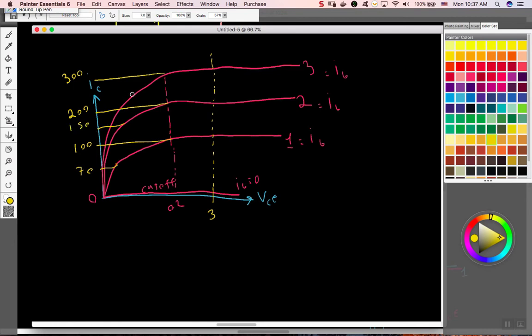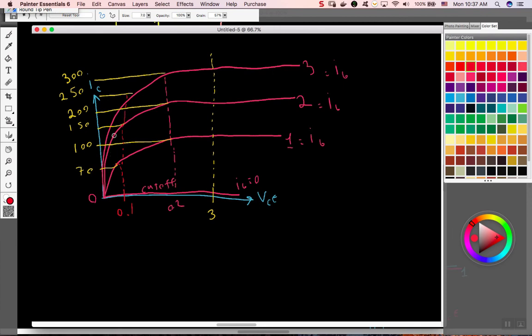Maybe here it's 250. So if we have a value of 0.1, which is less than 0.2, then for a particular value of IB, the corresponding value of IC is going to be less than 100 times IB.